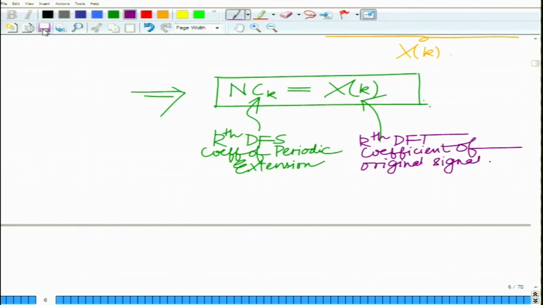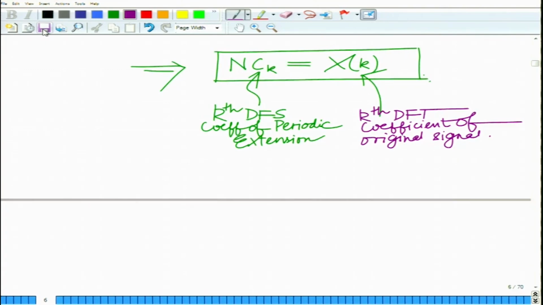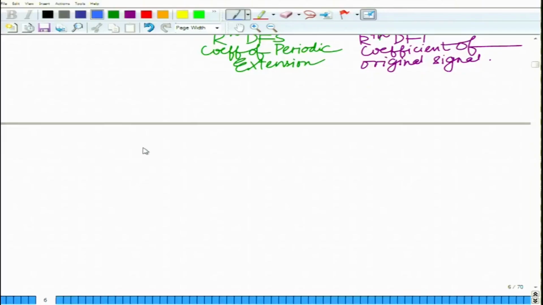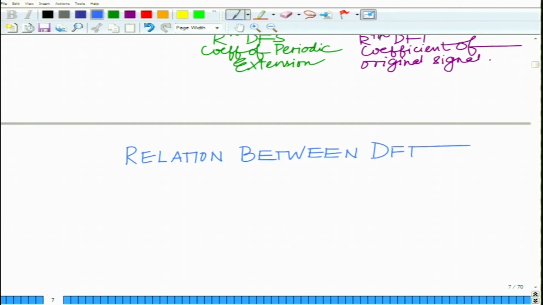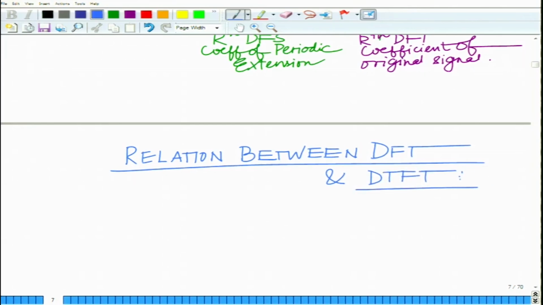The other thing that you can see is the relation between the DFT and the DTFT, that is, between the discrete Fourier transform and the discrete time Fourier transform, and that is also fairly simple. So, the next thing that we want to see is the relation between the DFT and DTFT.